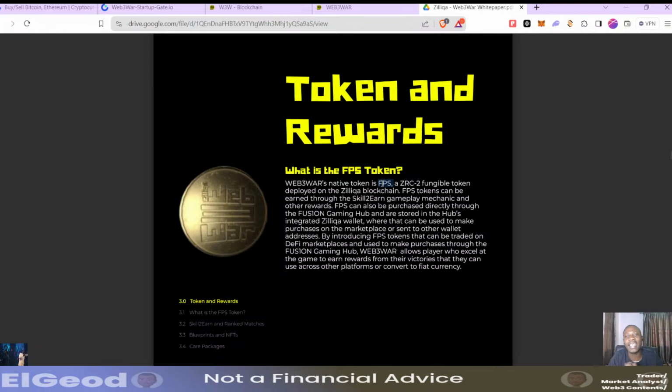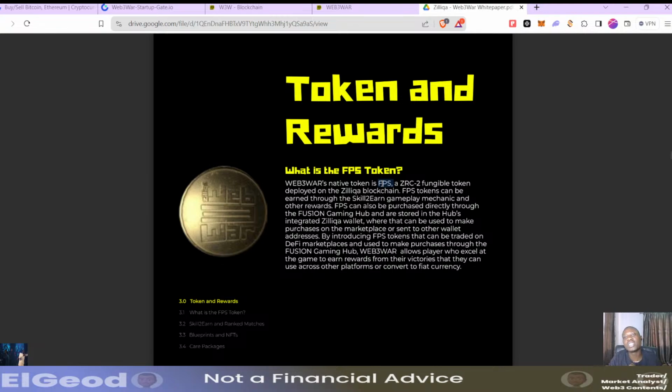FPS tokens can be earned through the skill-to-earn gameplay mechanic and other rewards. FPS can also be purchased directly through the Fusion Gaming Hub and are stored in the app's integrated Zilliqa wallet, where they can be used to make purchases on the marketplace or sent to other wallet addresses. So that is the token given as reward.